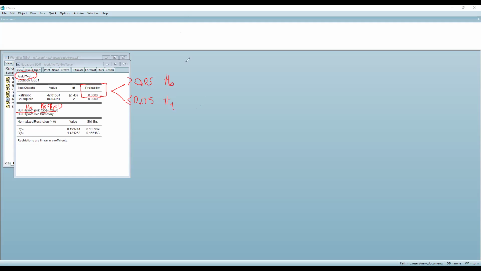Sorry, here it is less than 0.05, so we accept H1, which means we reject. What does it mean? Is the null correct or not?